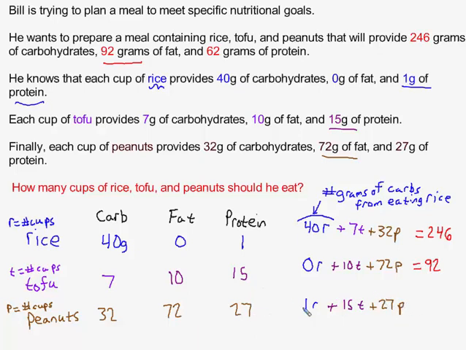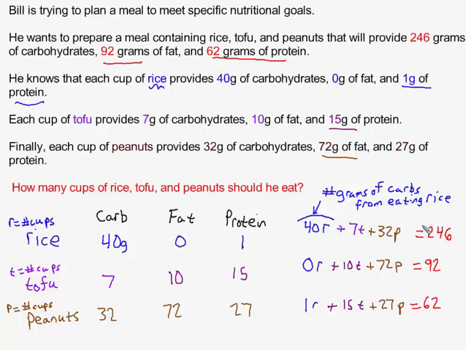And adding together the amount of protein we get from those three food sources has to add up to be 62 grams of protein. So now we have three equations in three variables. Now we need to solve this system to find out how many cups each of the 3 food sources he must eat to get his dietary requirements.